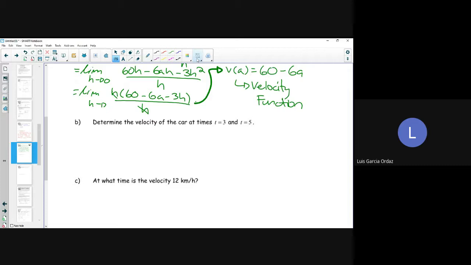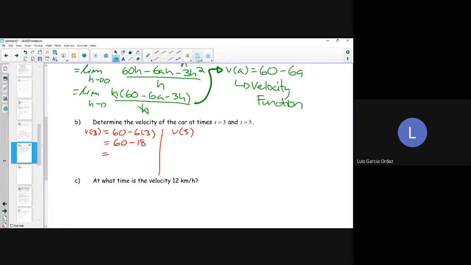So we're going to use the equation we made and sub in our values. So we're going to have v at 3, and we're also going to have v at 5. So this is equal to 60 minus 6 times 3, which is equal to 60 minus 18.